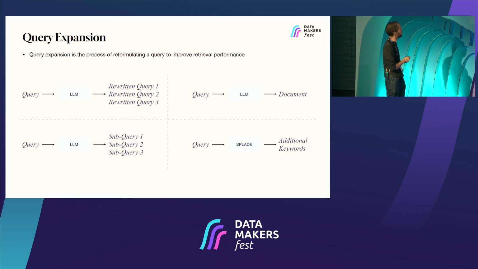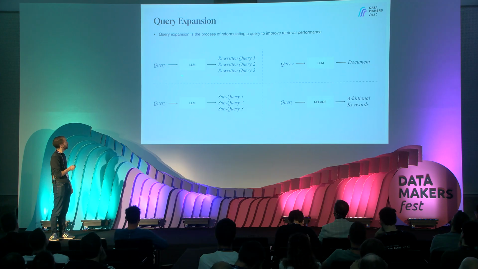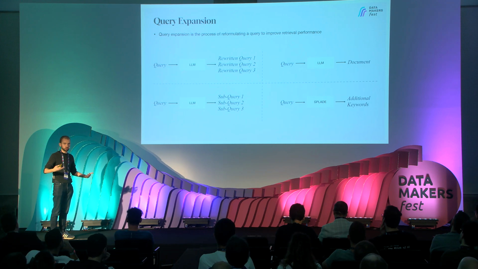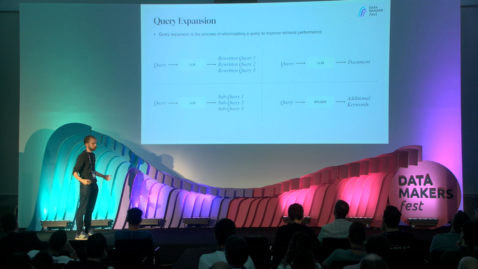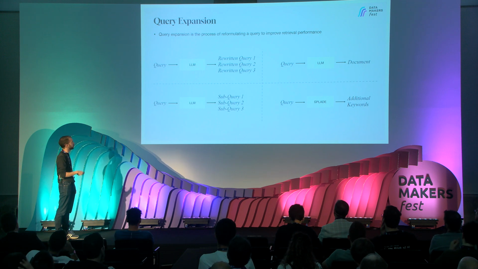In this first example, something that Perplexity does, you take the user query and rewrite or paraphrase it into multiple queries, and then you do semantic search over the multiple queries that were generated, and you create a result set with all the results from these queries.